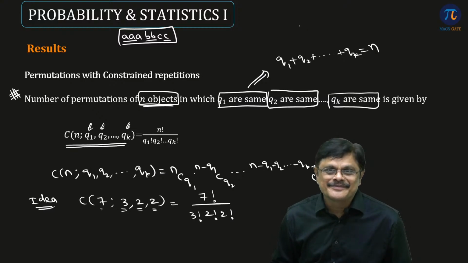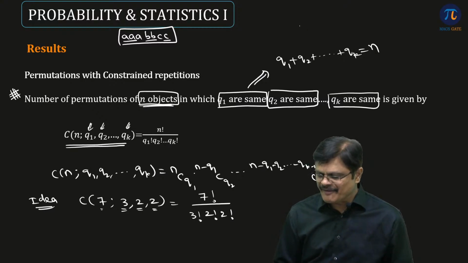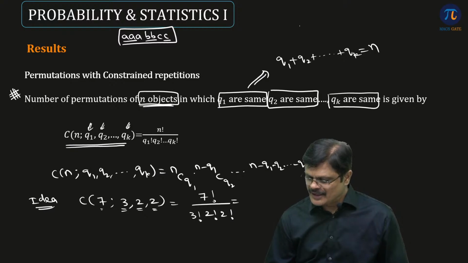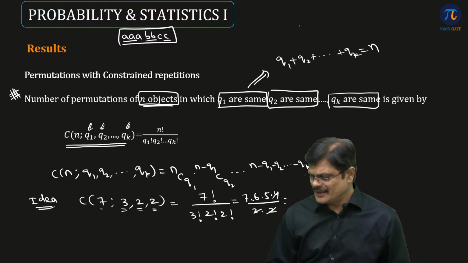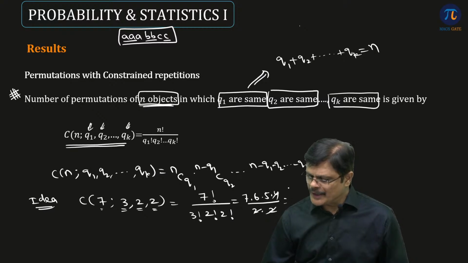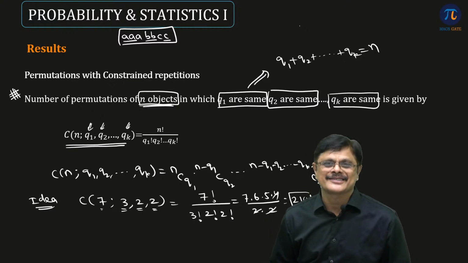That is the question. So what is the answer? 7 factorial by 3 factorial into 2 factorial into 2 factorial. If you cancel 3 factorial, you get 7 into 6 into 5 into 4, and 2 factorial into 2 factorial, that is 4, is gone. 7 sixes are 42, 42 fives are 210. So the answer is 210.